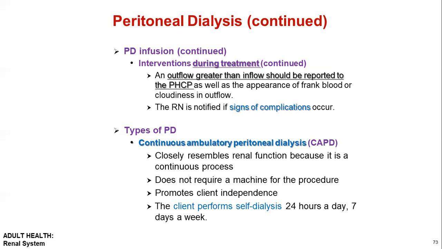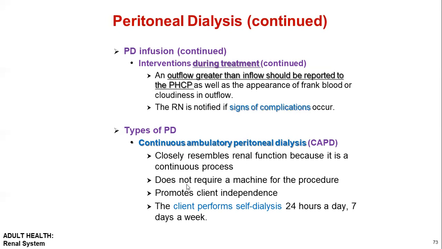One type of peritoneal dialysis is called continuous ambulatory peritoneal dialysis. We use a portable system, and you can carry it with you even when you go outside, like to your job.